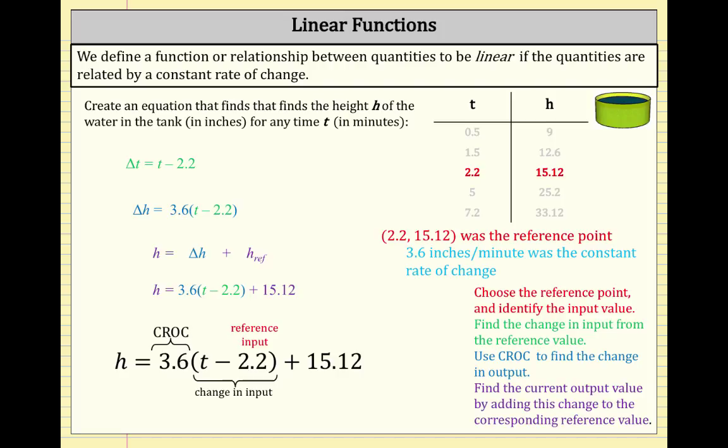We also have 3.6, which represents the constant rate of change, and the constant rate of change times the change in input would represent the change in output, so that 3.6 times the expression T minus 2.2 is the change in output. Then we take the change in output plus 15.12, which was our reference output. That results in the current height of water in the tank.